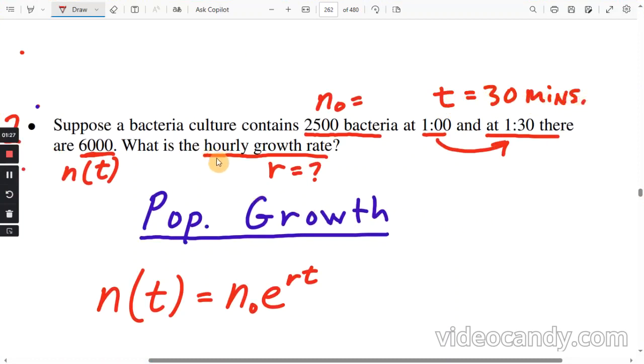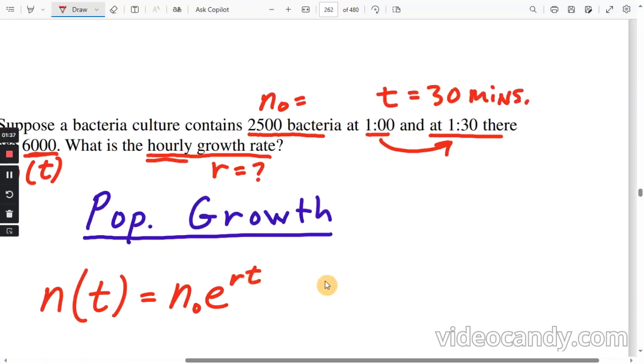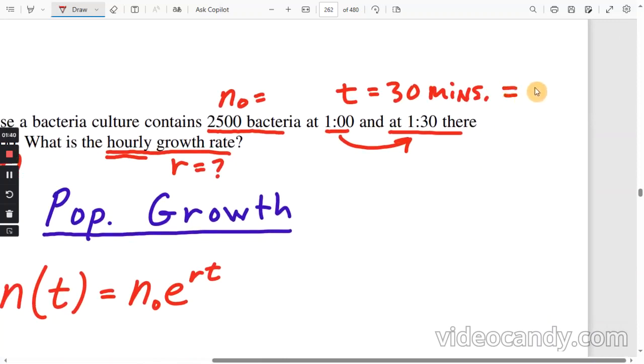However, they are asking us for the hourly growth rate, so we might as well make T in hours. Remember, you want the units on R and T to match. 30 minutes is the equivalent of a half hour, or 0.5 hours. If we use hours for T, the units on R will be per hour, and that's what we want.